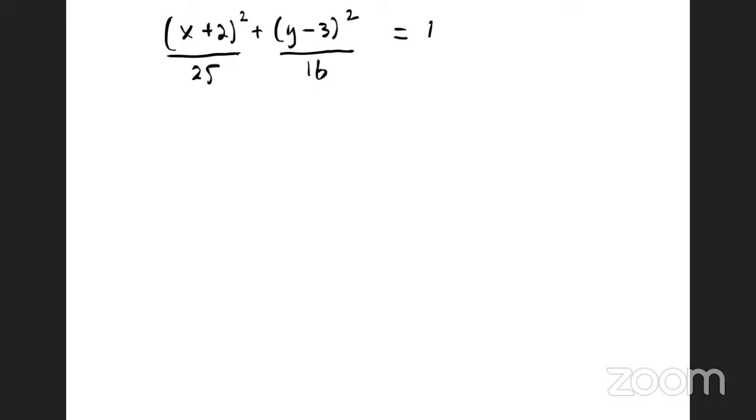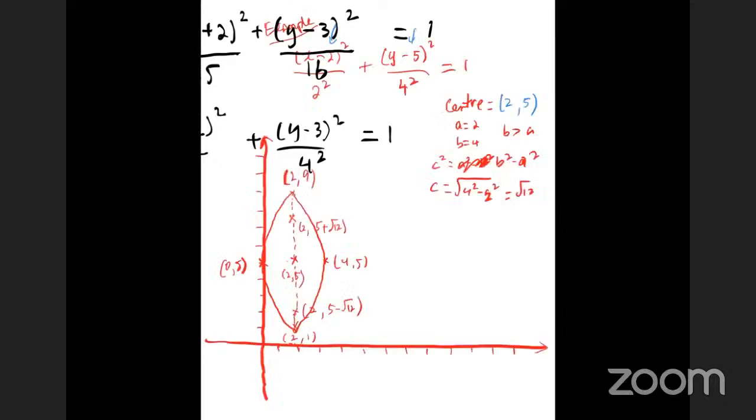A is how much? A is 5. Number A is the square denominator. Online, do a quick little sketch, please. Try and do a nice sketch.